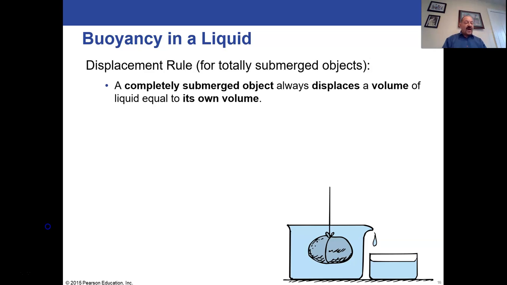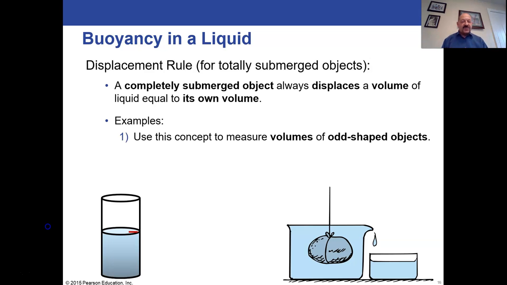And you can do this in a couple ways. You can fill a container completely full of water, like it shows here, the bigger container here, and then drop an object in and just watch how much water is spilled into another container. That volume of water will be exactly the volume of the rock in this case. Of course, a much easier way to do this would be to start with a measuring device that has little notches on it.